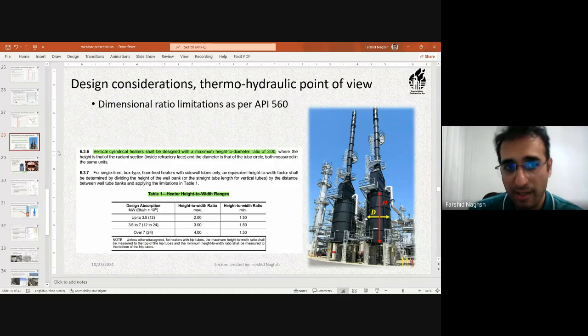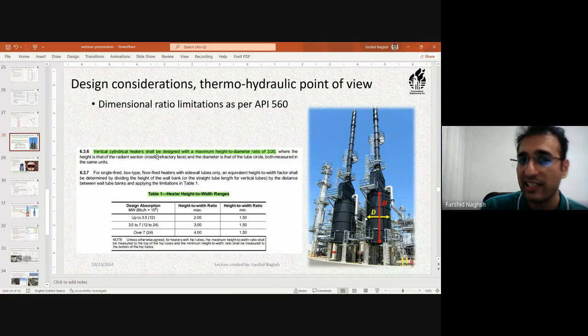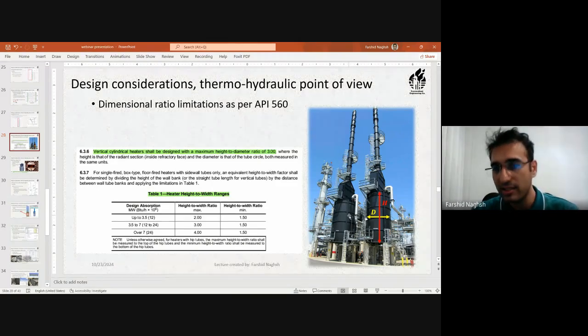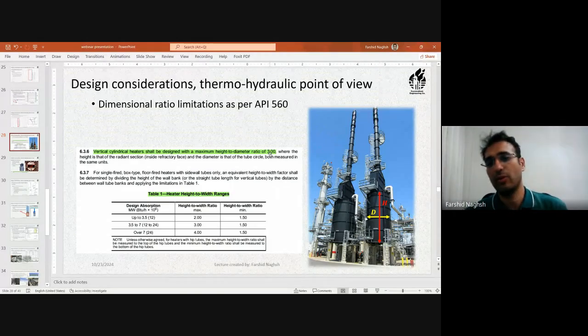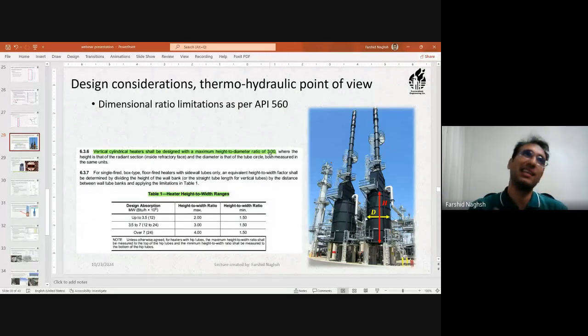For example, in paragraph 636 of API 560, you see that vertical cylindrical heaters shall be designed with a maximum height to width or diameter ratio of 3. It means that your heater cannot be very slim. And why does it say so? Because it contradicts the uniform heat distribution, and the equation of heat transfer changes drastically. So you have to keep a minimum.